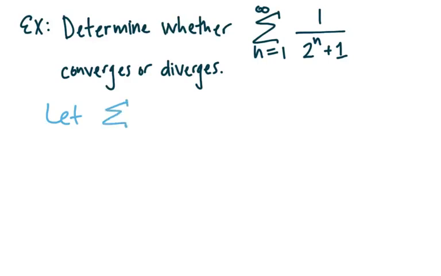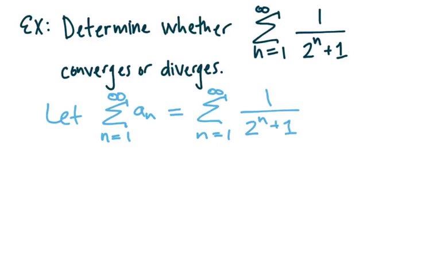In the language of the comparison test, A sub n was the series we're trying to figure something out about. So in our case, A sub n is the series we were given, which was 1 over 2 to the n plus 1.